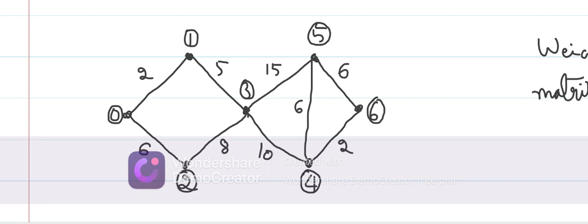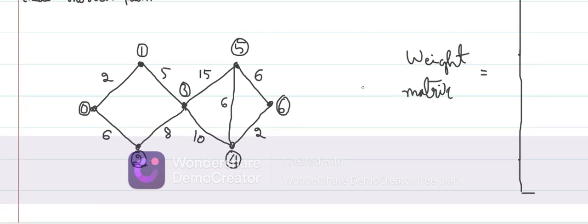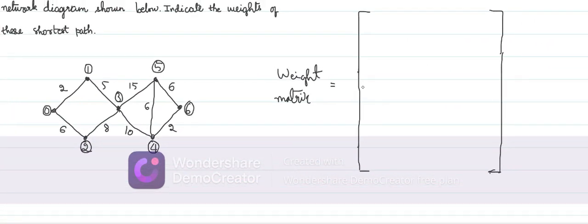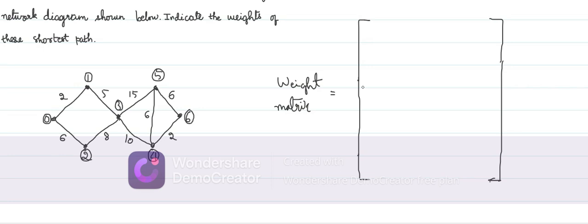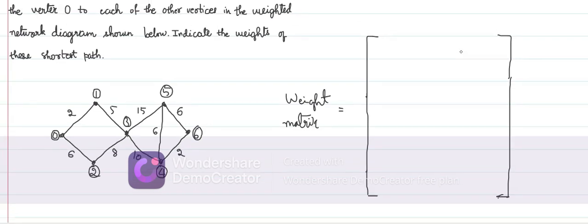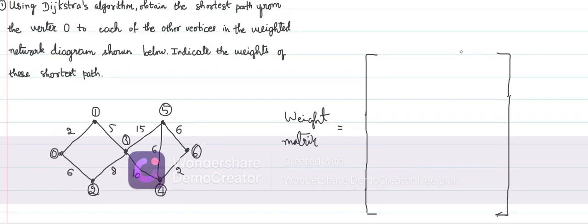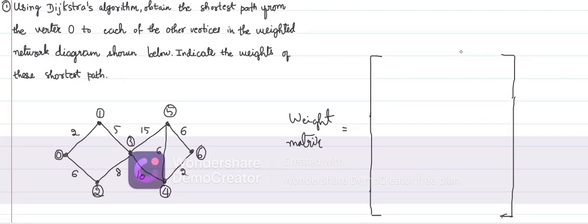Now we need to find the shortest path from the vertex 0. We can say that the vertex 0 is known as the source vertex.